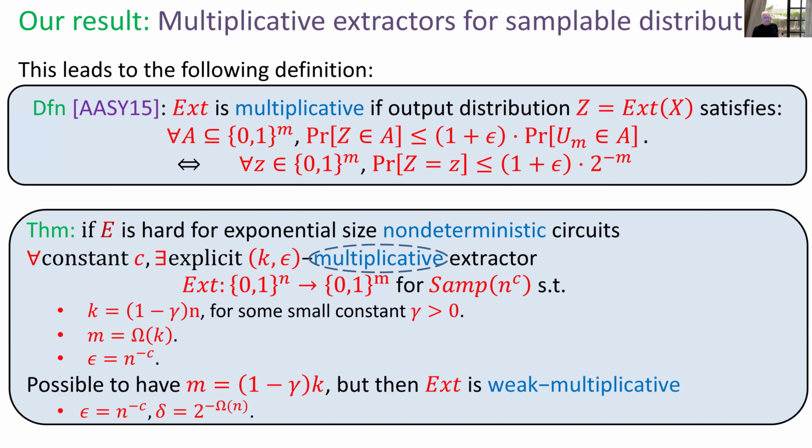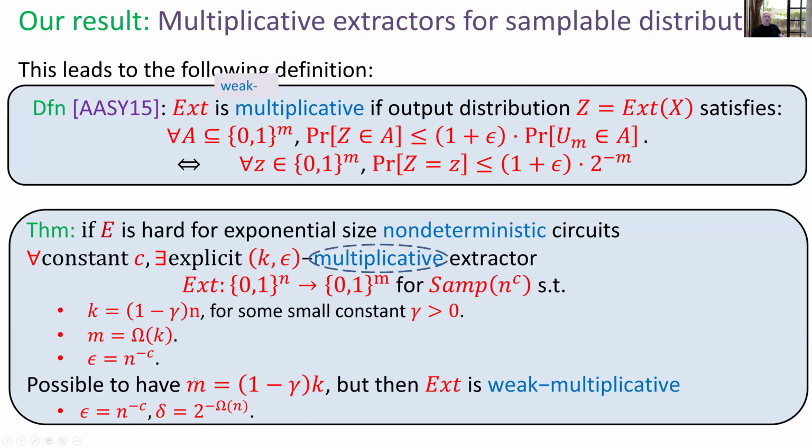Furthermore, if you want to push the output length to be larger, not just omega of k, but very close to k, then I can do it, but only for the weak multiplicative relation, where I get an extractor with a weak multiplicative relation where the additive parameter delta is exponentially small, as it should be.